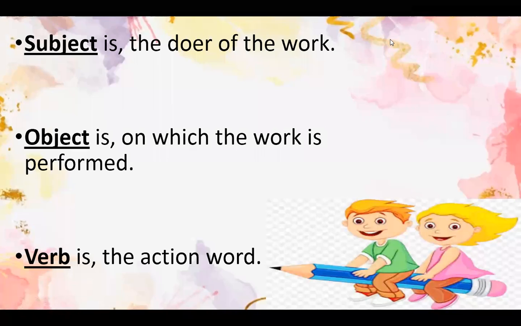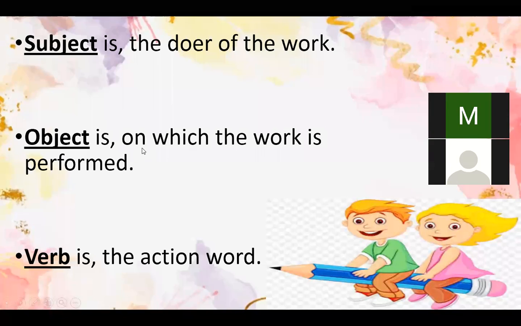I am going to tell you once again what is subject, object, and verb. Subject is the doer of the action, means about whom we are talking in the sentence. Whosoever is doing the action is subject. For example, cow gives milk.